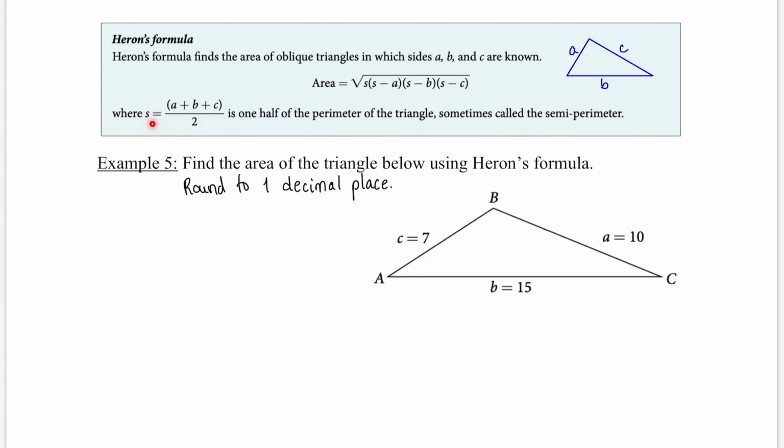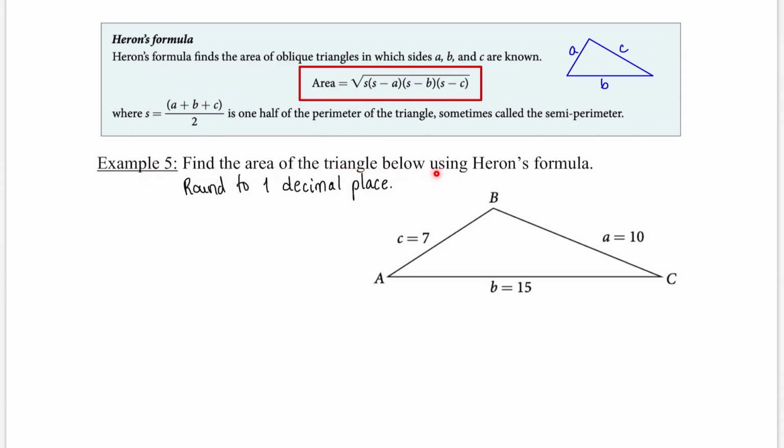First, I need to find S. S is just half of the perimeter. So if I take A plus B plus C divided by 2, I will have my S. And Heron's formula says area equals the square root of S times S minus A times S minus B times S minus C.